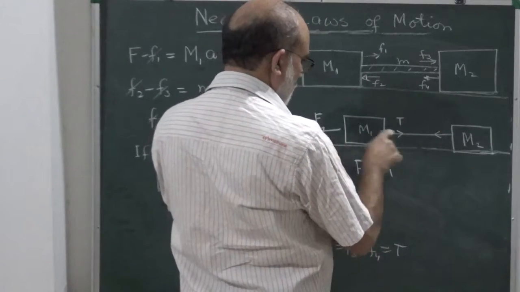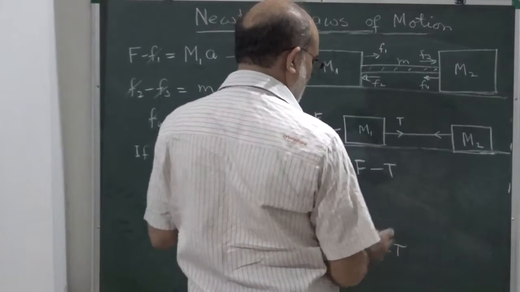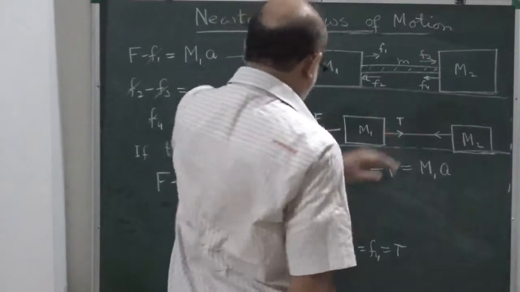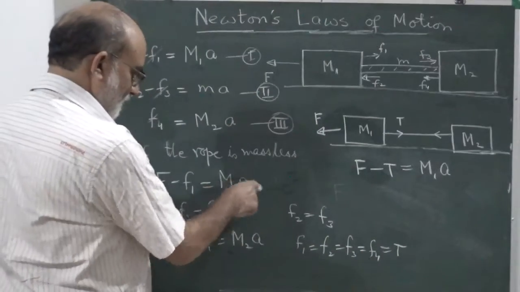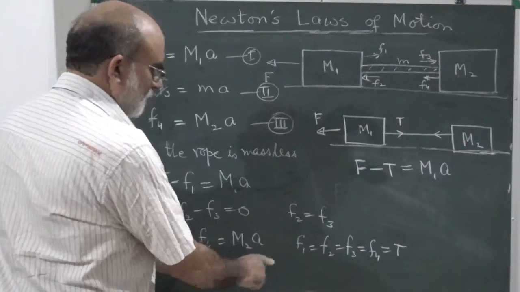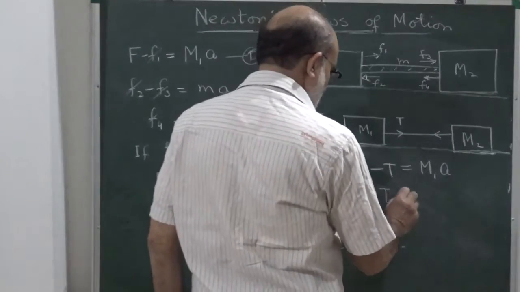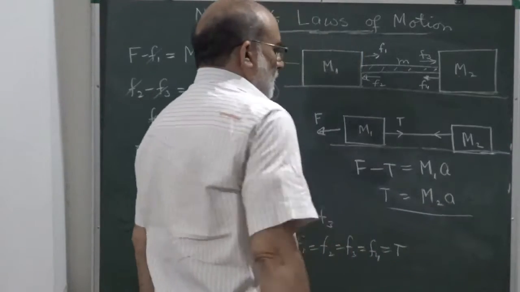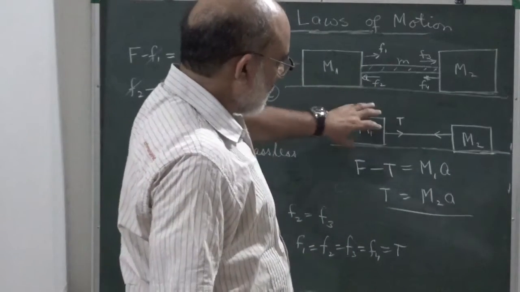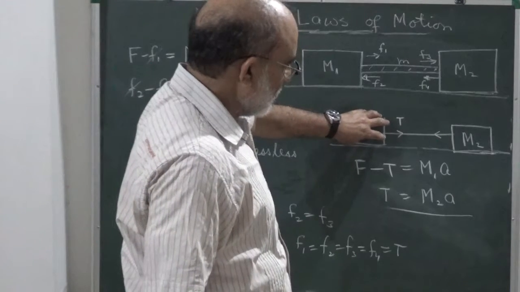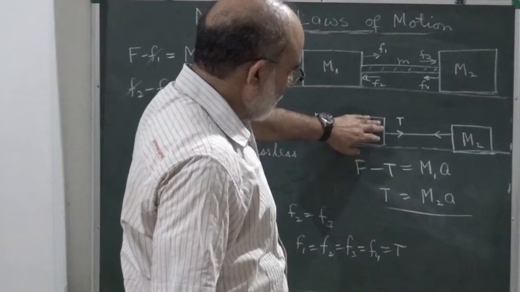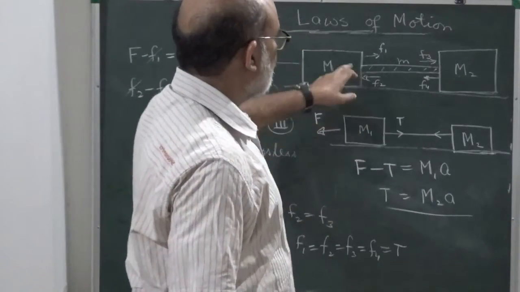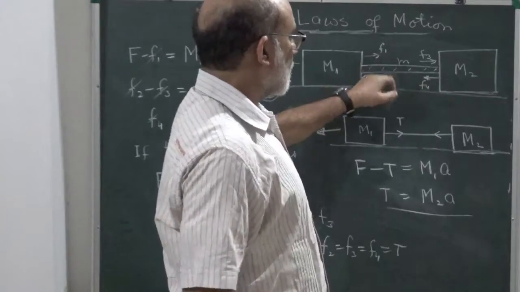Force acting here is F and here is T. F minus T is equal to M1 A. And on this block, it is T is equal to M2 A. So now we have only two masses, two bodies. So we are considering only two bodies in motion, so we have two equations. Earlier we had three bodies in motion, thus it required three equations.